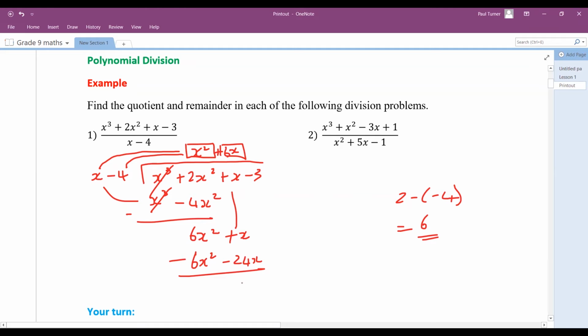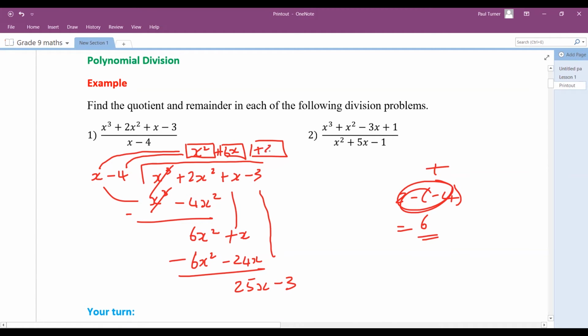Okay, so 1x minus negative 24x would be 25x, right? 1 minus negative 24. So be careful if you're minusing negatives here, that becomes plus. So minus 3. So what number goes here now? Plus 25, because you've got 25 down here.